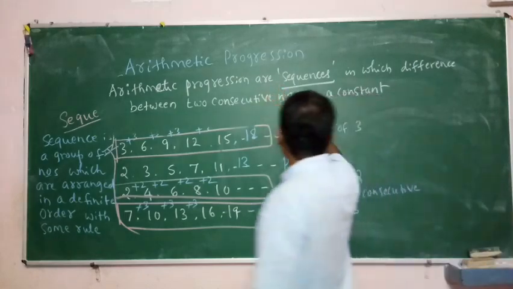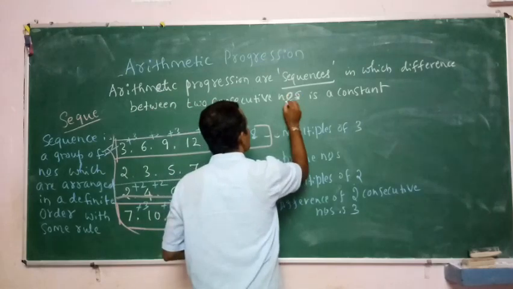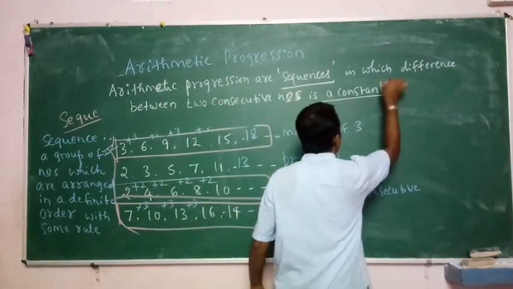See, arithmetic progressions are sequences in which the difference between the two consecutive numbers is constant.